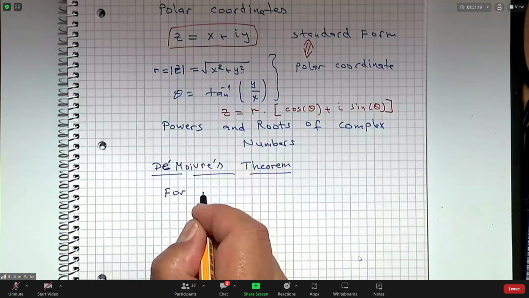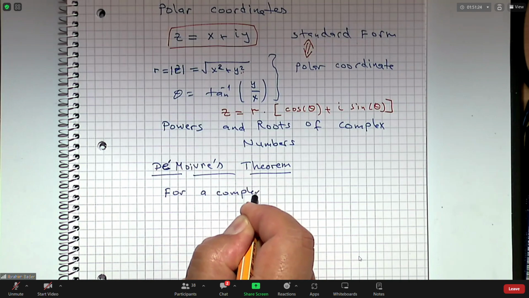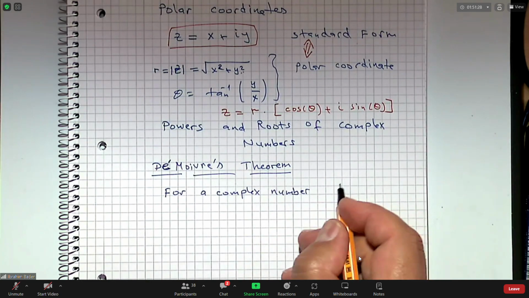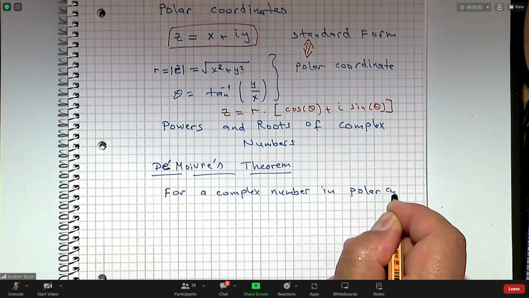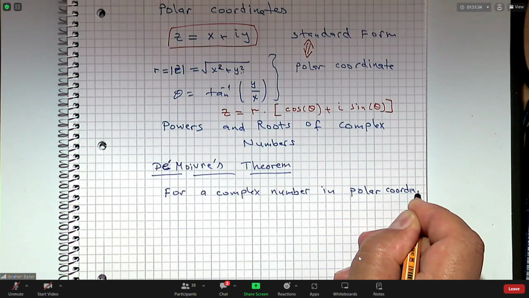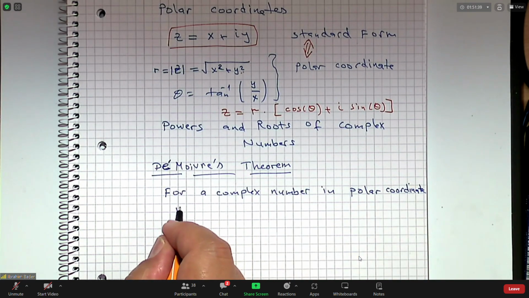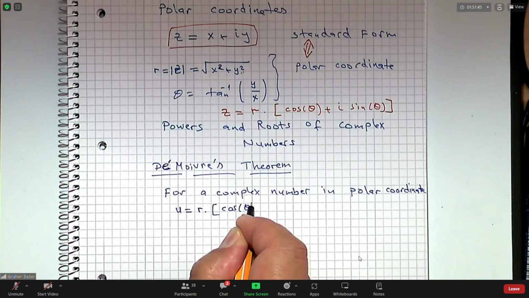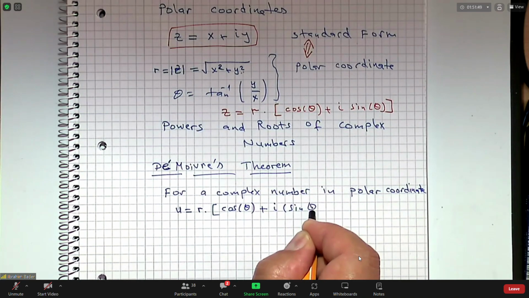So, assume we have a complex number in polar coordinates. Let's say U equals R times cosine theta plus i sine theta.